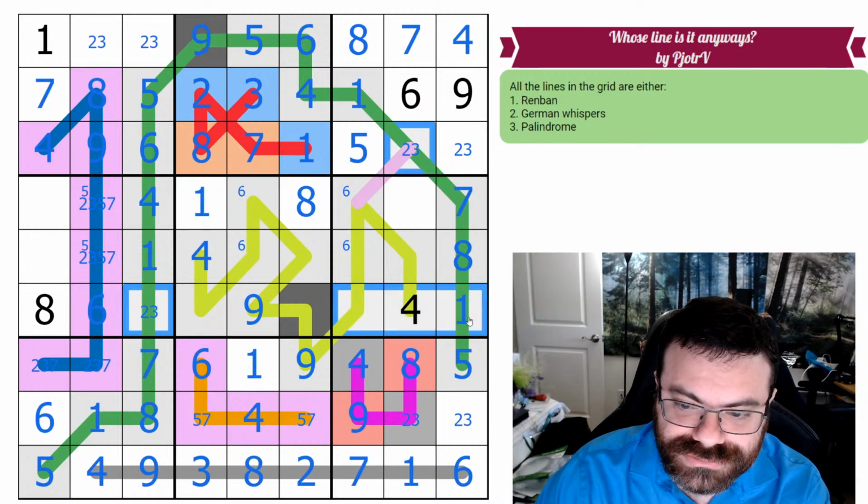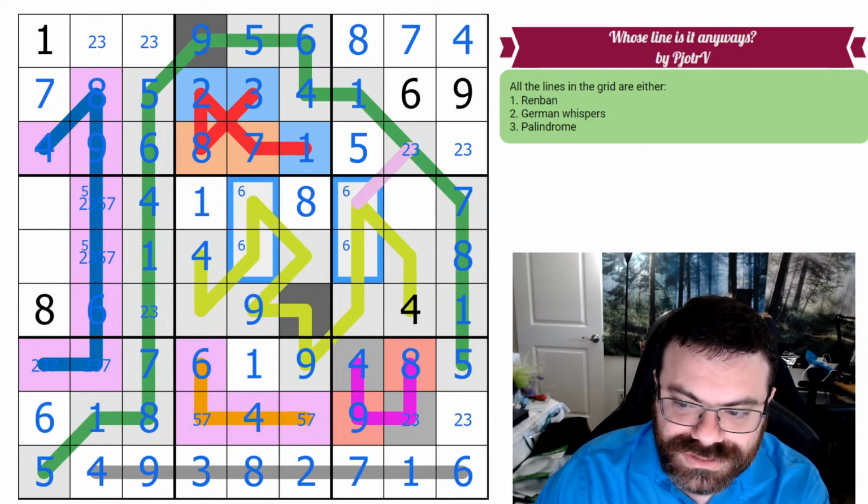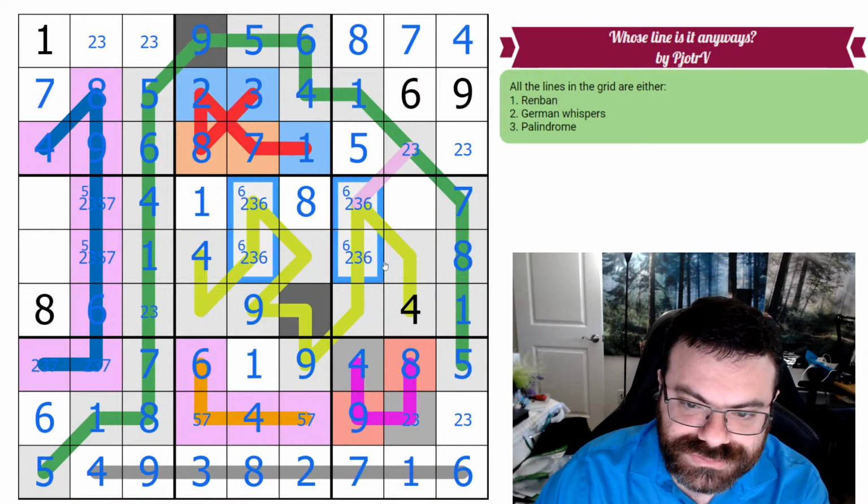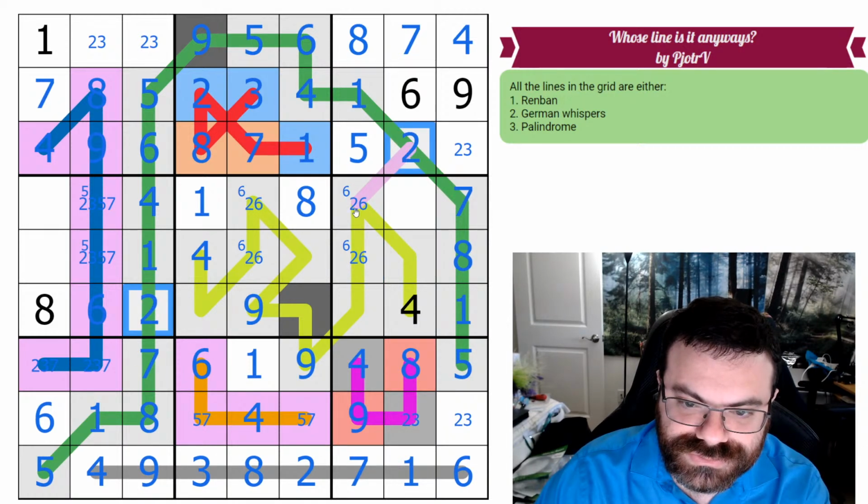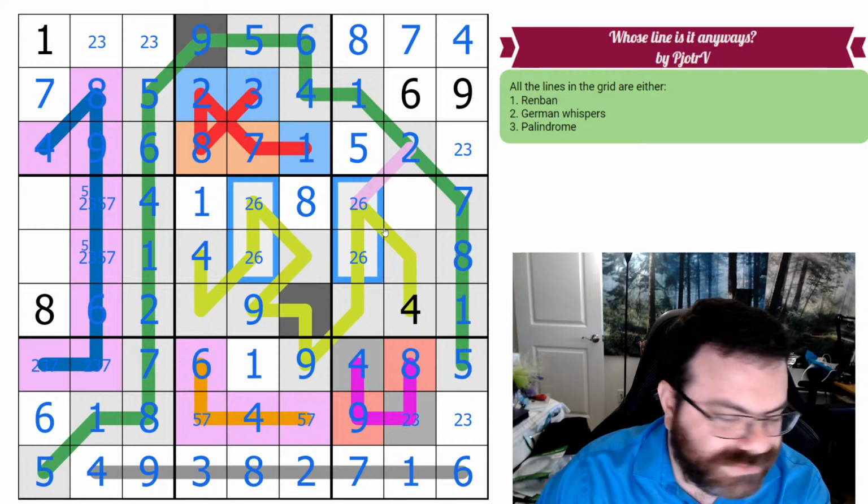Whatever's here goes here, which also goes here. So this is 2, 3, or 6. And they see a 3. So these are 2s. Hope that works out.